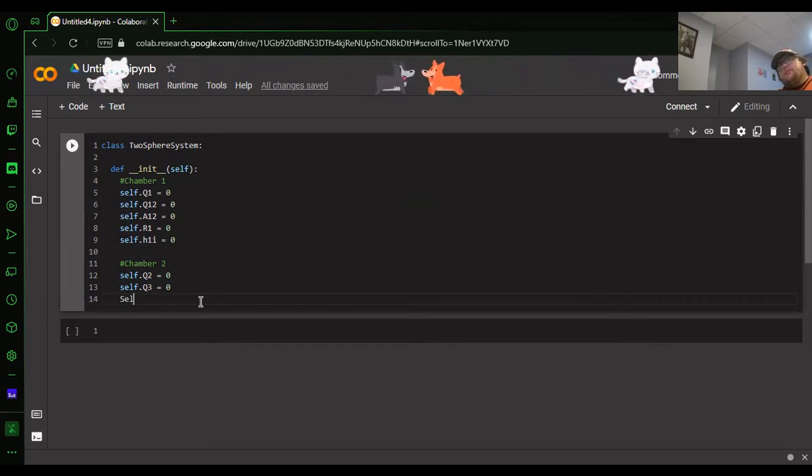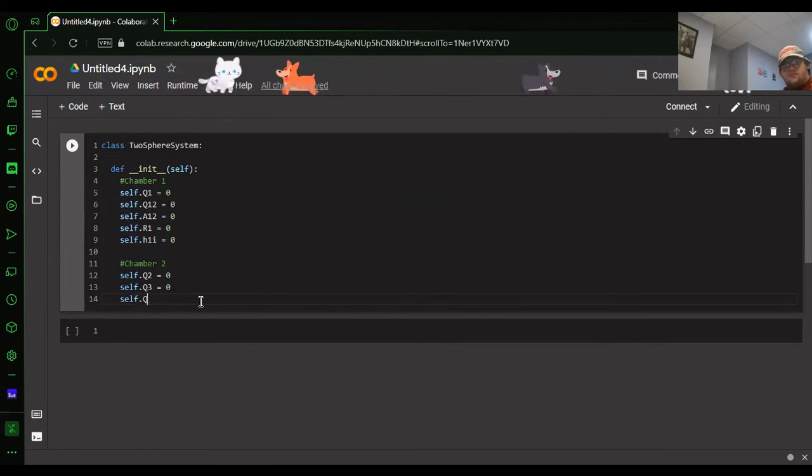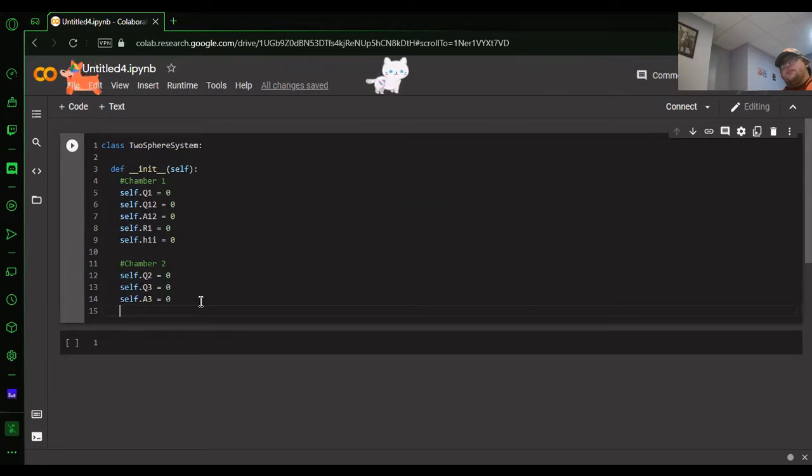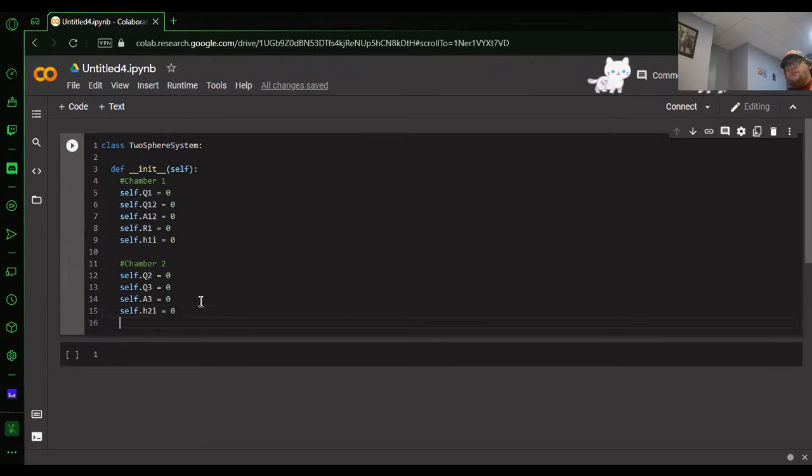It also has a cross-sectional area for the pipe leaving the second tank. Let's call that A3. We'll have an initial height, which we'll call H2I. And then finally, it will have a radius.